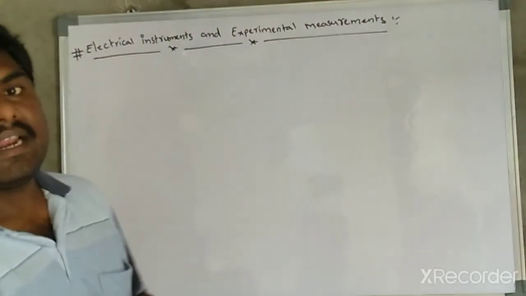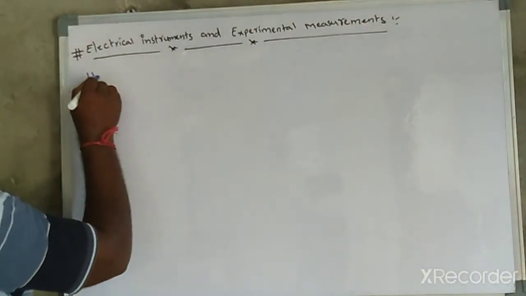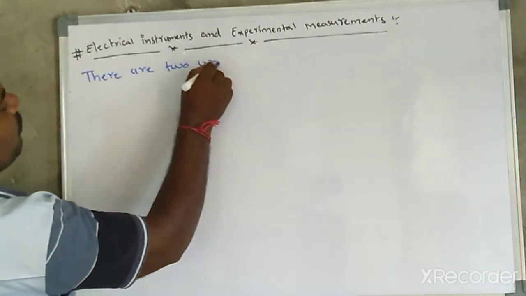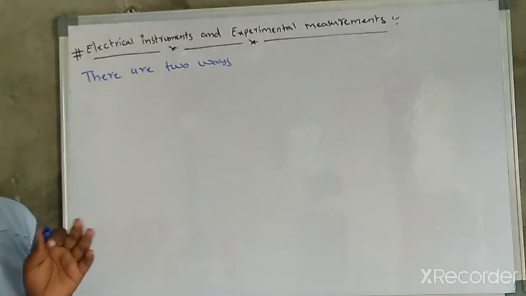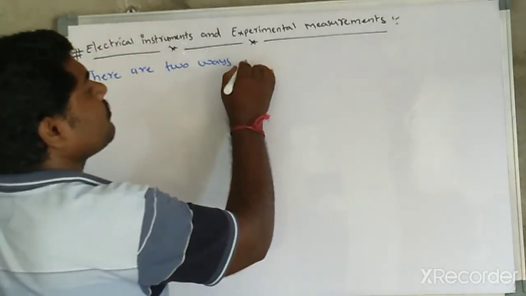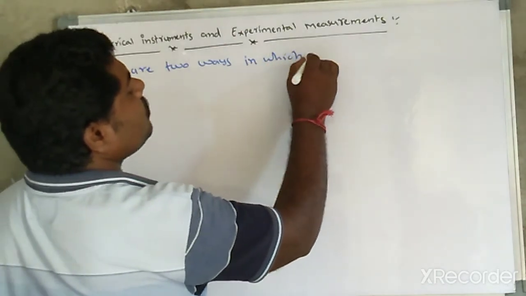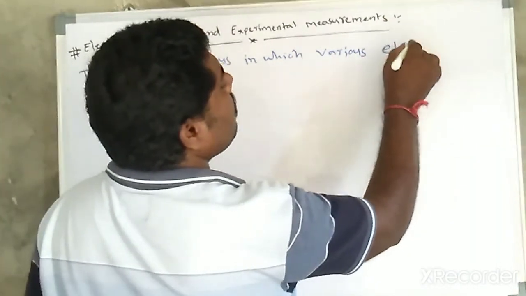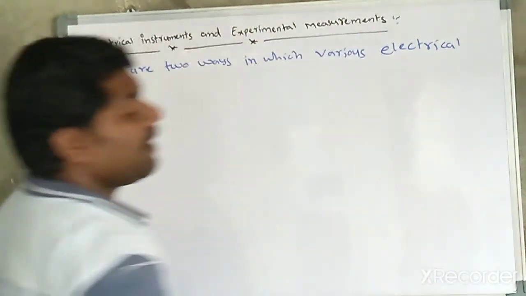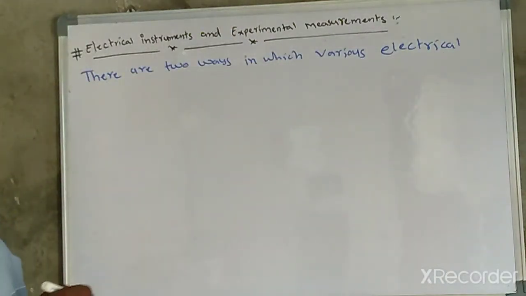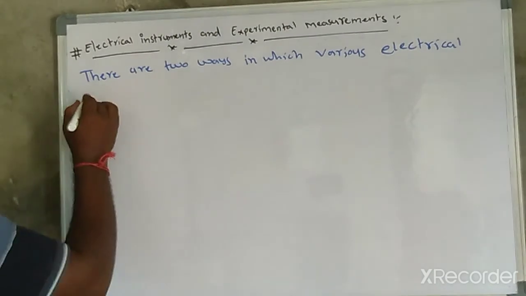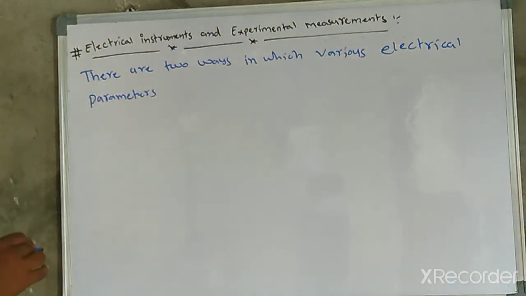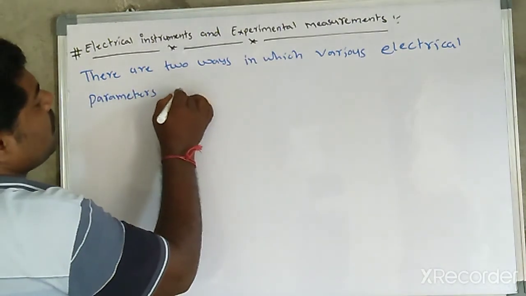So there are two ways in which various electrical parameters are measured experimentally.